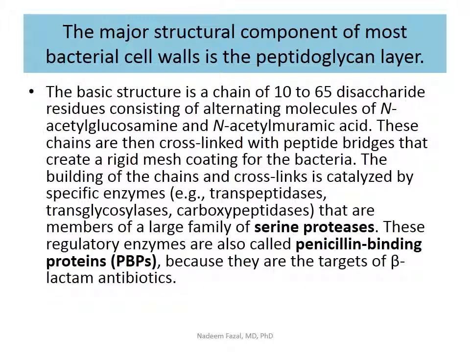The whole sequence involves a different set of enzymes. One of the enzymes we talked about was serine proteases. You will see that most of the beta-lactamases come from a large family of serine proteases. These are transpeptidases, transglycosylases and carboxypeptidases.